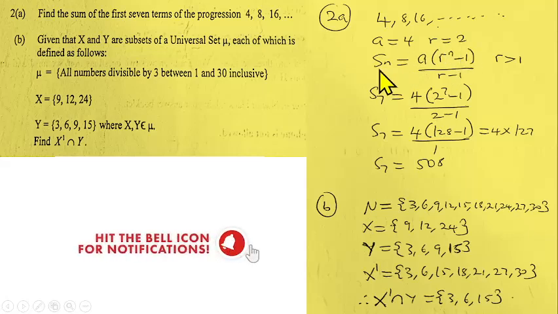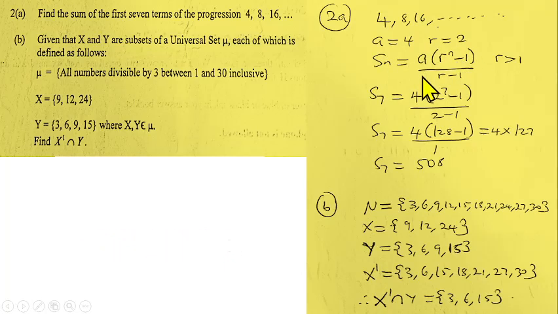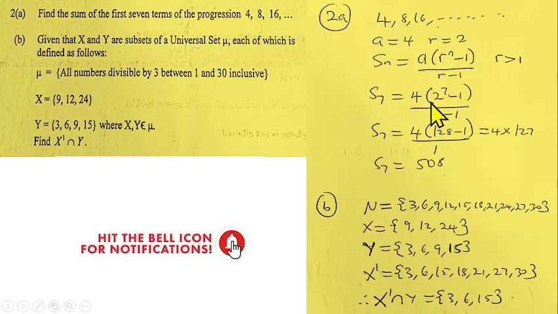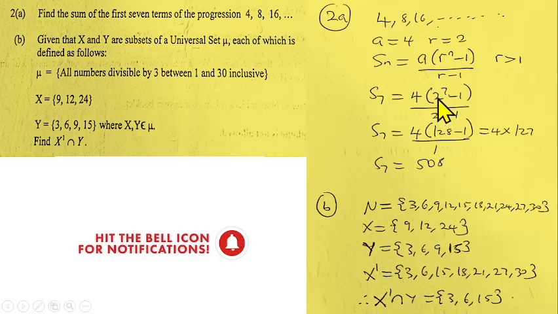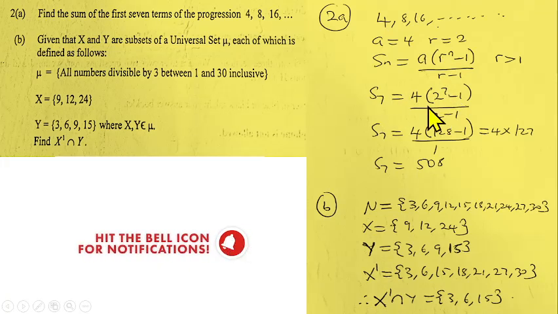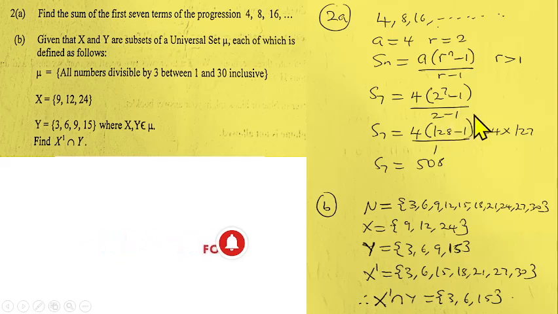So that means we are going to use this formula to sum 7 terms together. So we have sum of n terms equals a times r raised to power n minus 1, over r minus 1. We are summing 7 terms together, and our first term is 4, times the constant ratio 2 raised to power 7, minus 1, over 2 minus 1.